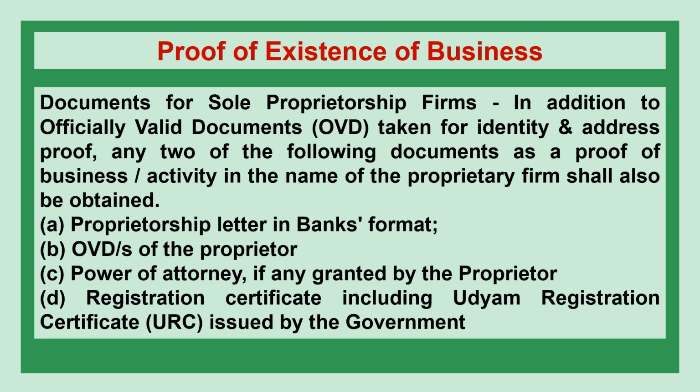Documents for sole proprietorship firms: in addition to the officially valid documents taken for identity and address proof, any two of the following documents as proof of business or activity in the name of the proprietary firm shall also be obtained.